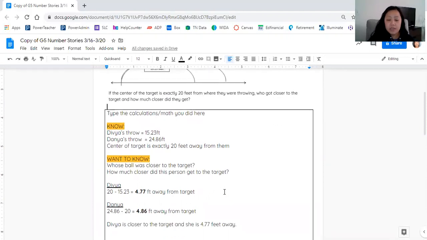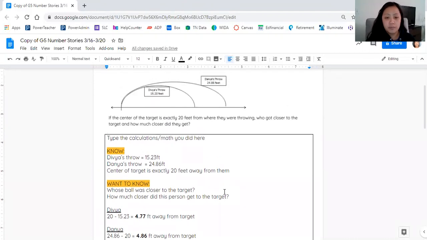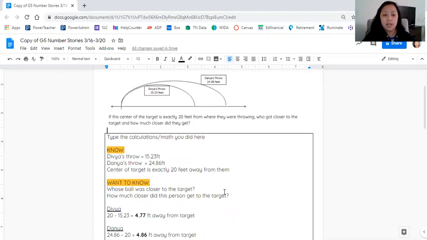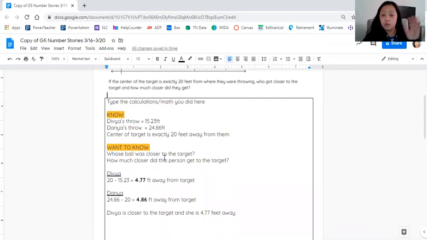What we want to know is whose ball was closer to the target and how much closer did that person get to the target. There's kind of two parts here to this question. This is one of those questions where there is technically a part A and a B, but if you're not reading closely enough, you're not going to catch that there's actually two embedded questions within it. So that's why Ms. Hang wrote it out separately like this: whose ball is closer, because that's the first part of the question I have to make sure I have in my answer, and how much closer did that person get.